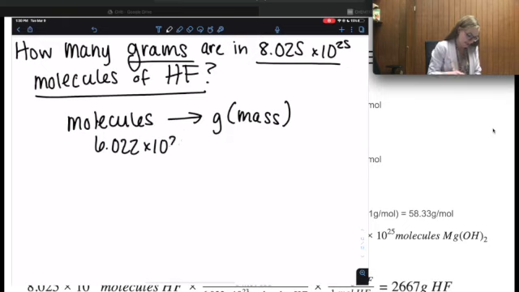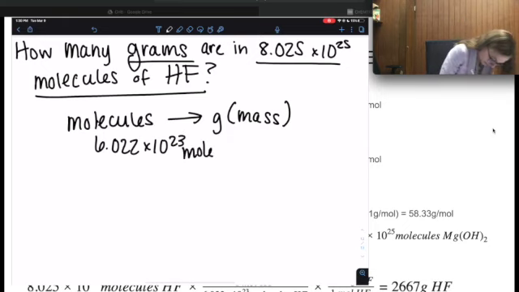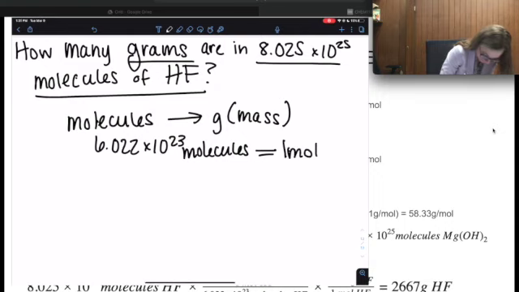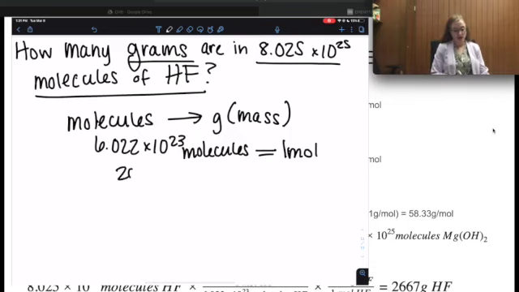So I have the relationship that there are 6.022 times 10 to the 23rd molecules for every 1 mole. But I can also use the formula mass of hydrofluoric acid to go from moles to grams.